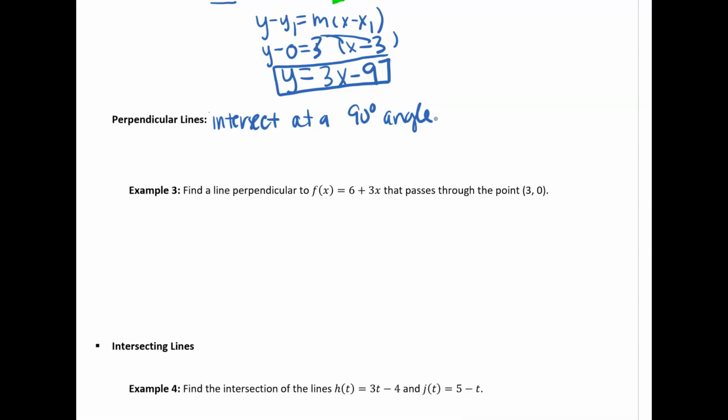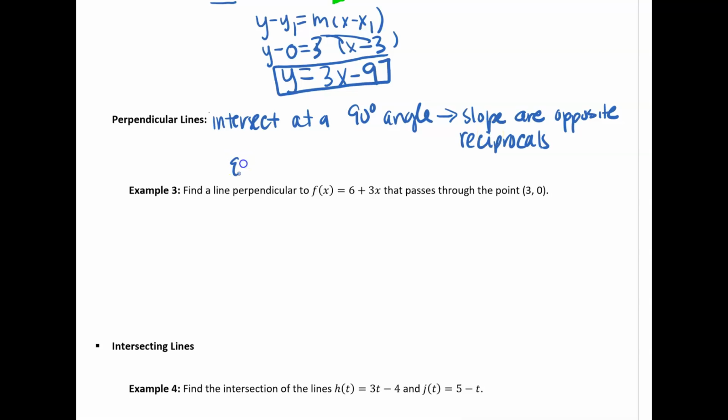So let's think about their slopes again. And how can I get it to perfectly intersect at that 90-degree angle? Well, what we're going to see is that the slopes are opposite reciprocals of each other. And what does that mean?